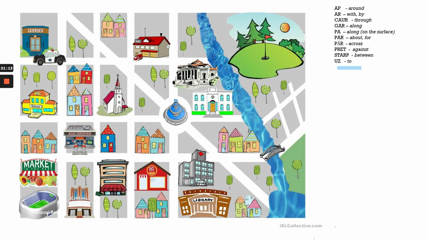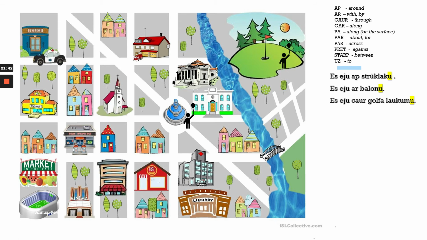Prepositions. So then we have a translation of all the prepositions, and let's look at the real usage. Tātad, es eju ap strūklaku, I walk around a fountain. Es eju ar balonu, I'm walking with a balloon.